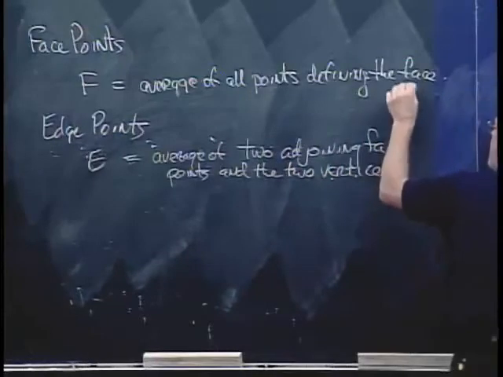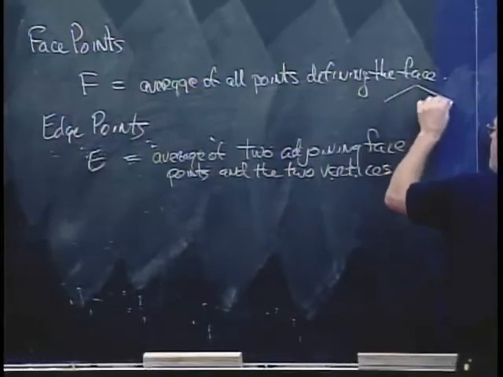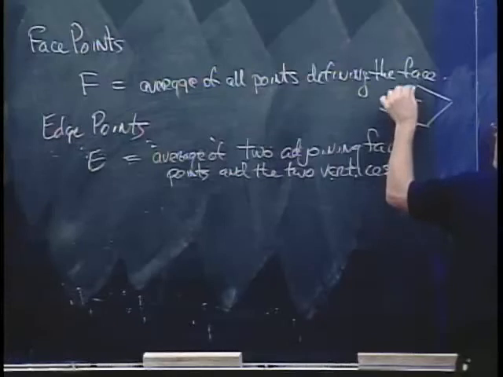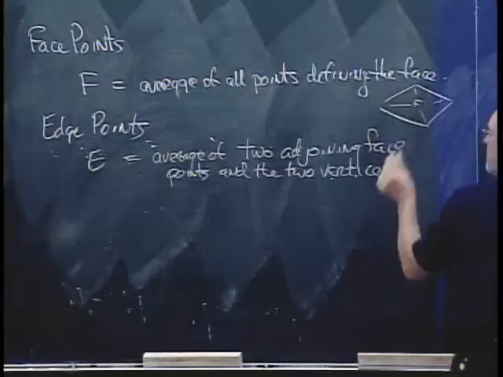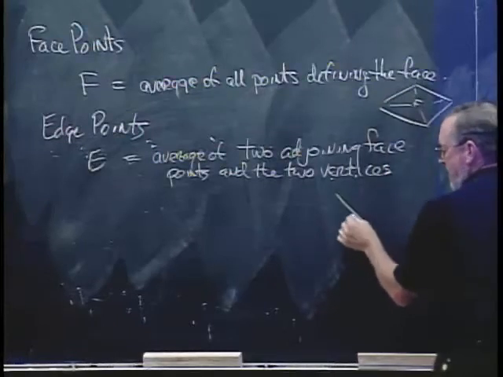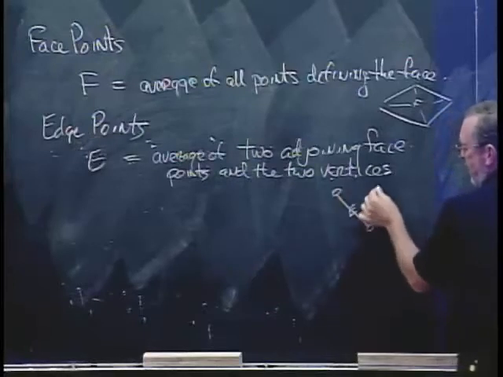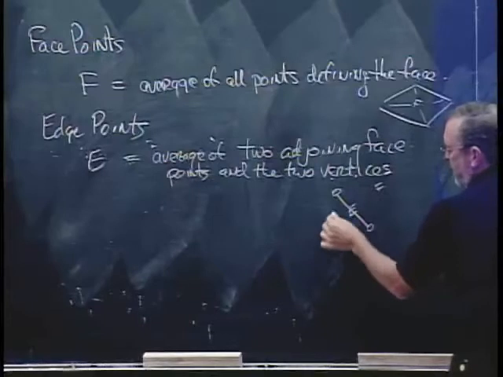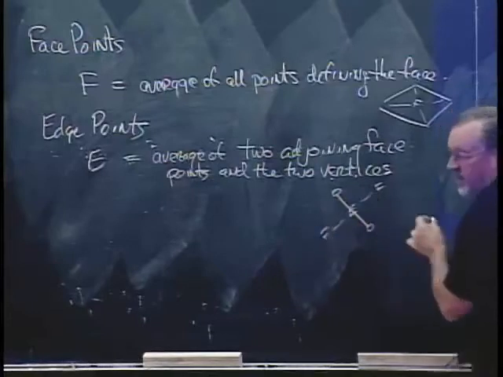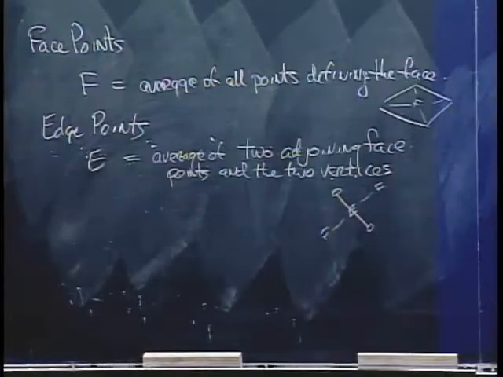So up here, the face point is the average of all 4. Here you have an edge point, corresponding to the edge, which is the average of these 2 vertices and of the 2 faces on either side of the edge.